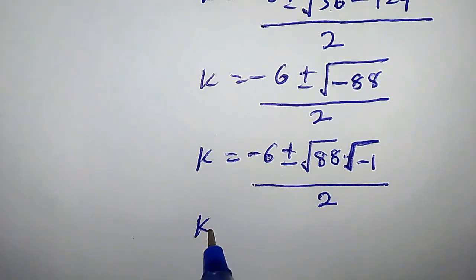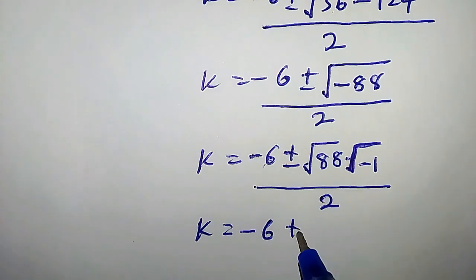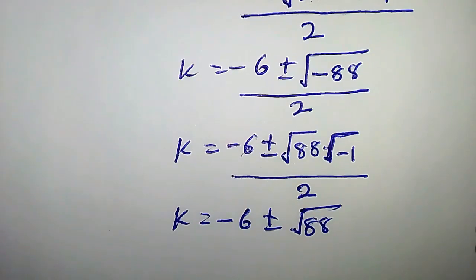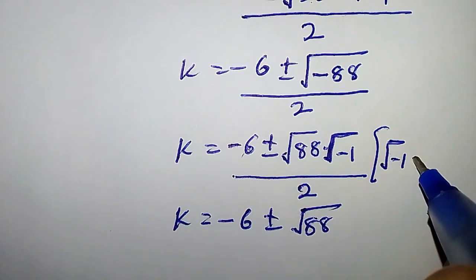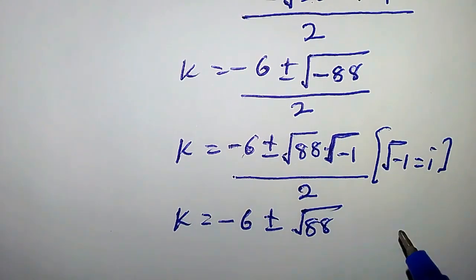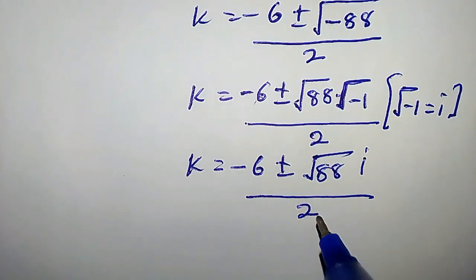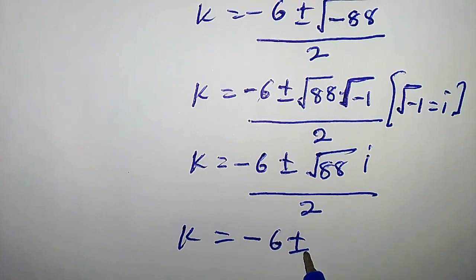So k is equal to minus 6 plus or minus square root of 88. But don't forget, from the complex number, square root of minus 1 is equal to i. So we have i here divided by 2.